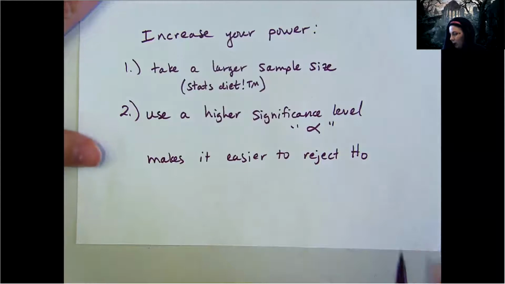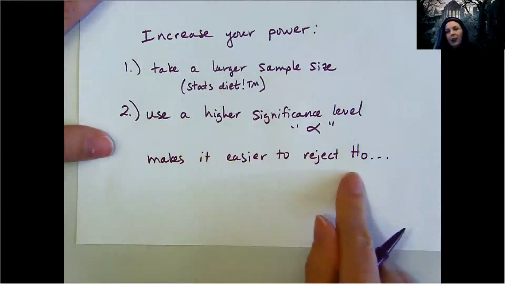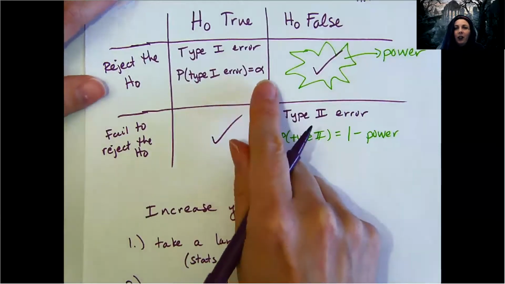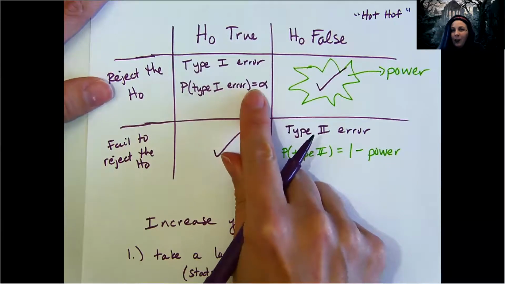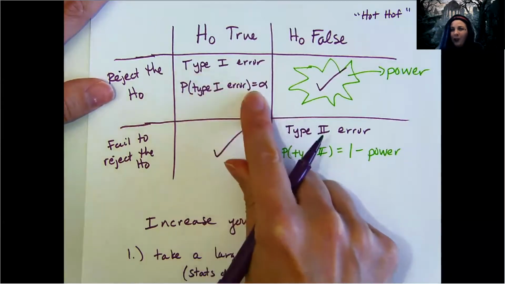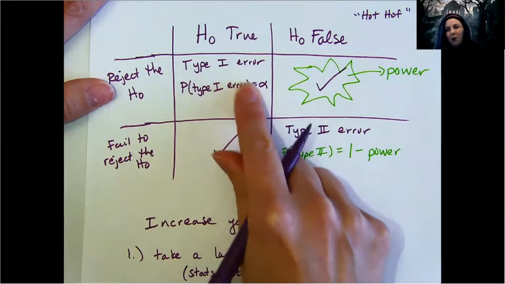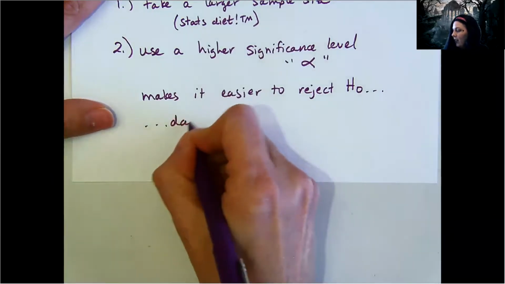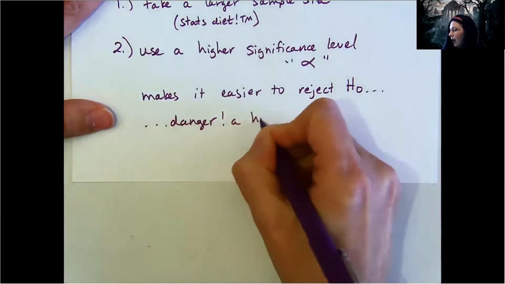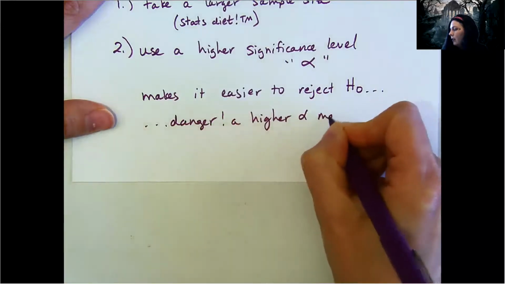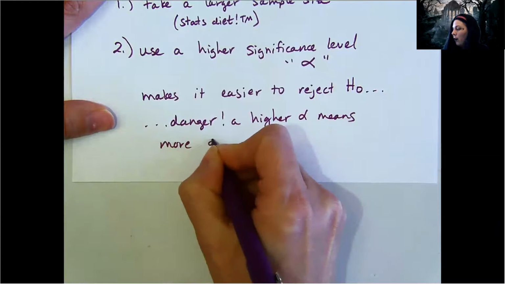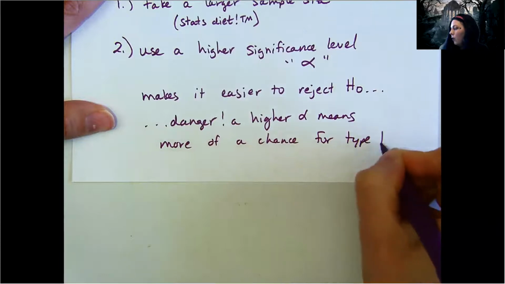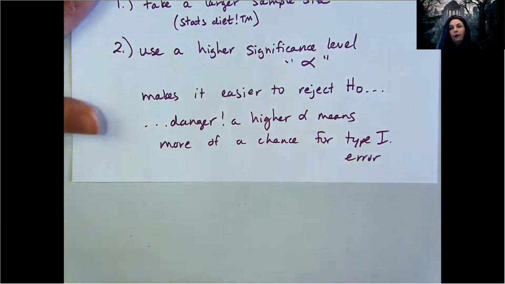So, I mean, I guess that's one way to get yourself more power, but if you're making it easier to reject, you're increasing your alpha, then you're also making it easier to commit a type 1 error. So I don't recommend, if you're in the real world, playing around with the alpha like that, right? Because, danger. A higher alpha means more of a chance for type 1 error.